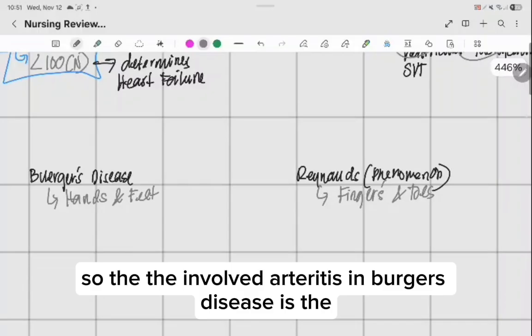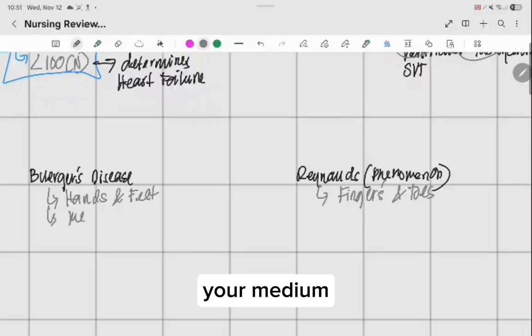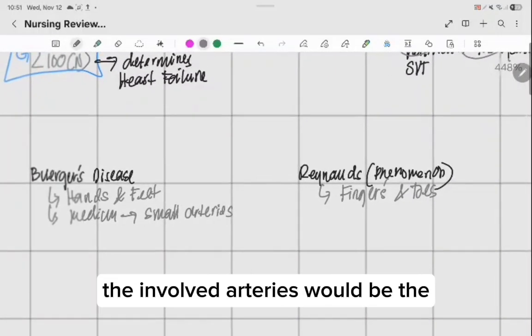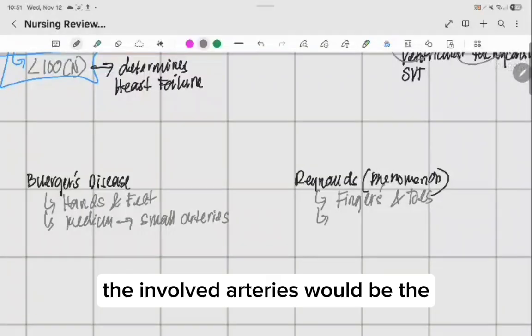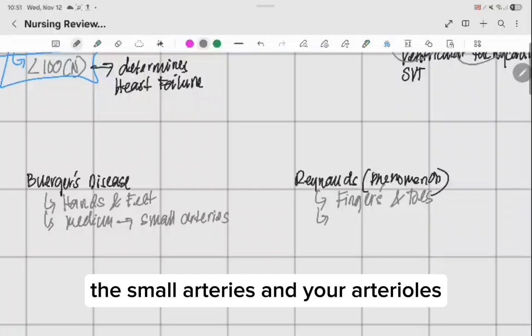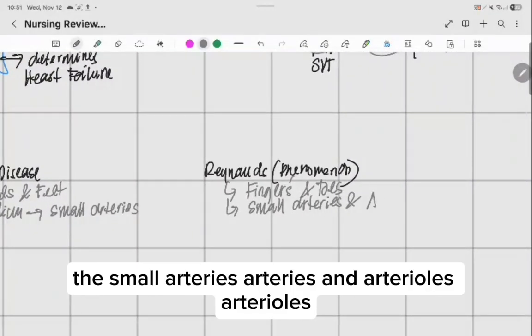the involved arteries in Buerger's disease are the medium to small arteries, while with Raynaud's, the involved arteries would be the smallest, the tiniest: the small arteries and the arterioles.